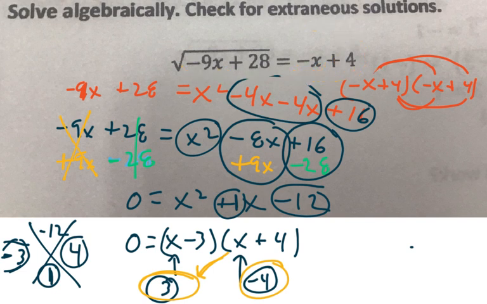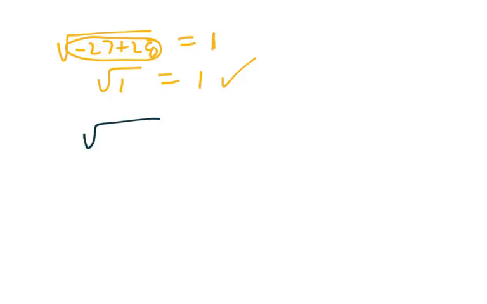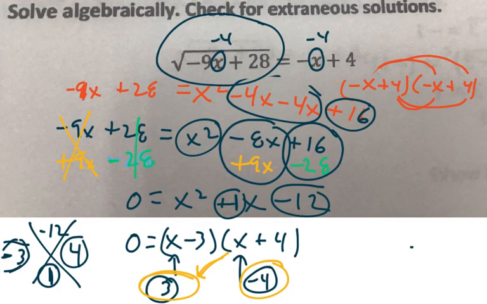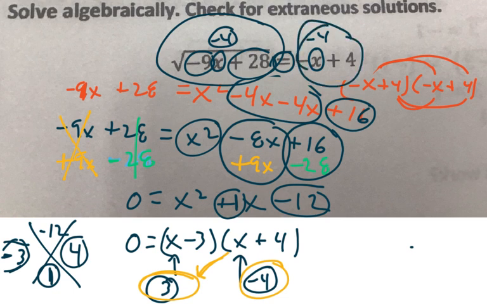Now let's try the negative 4. Starting over with the original equation, I'm now going to plug in negative 4 right here and right here. So what do I have here? I have the square root of 36 plus the 28, because negative 9 times negative 4 is 36 plus 28, right? And that's going to equal, over here, notice I have a double negative here, guys.